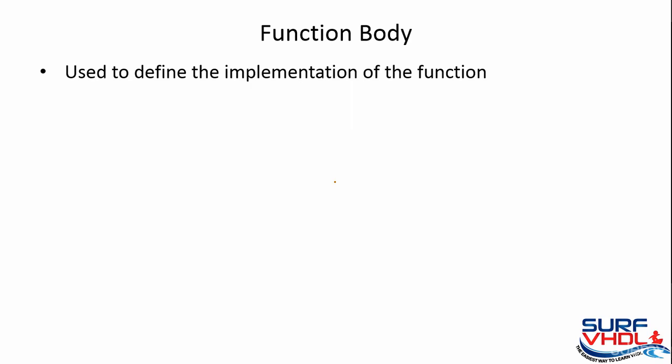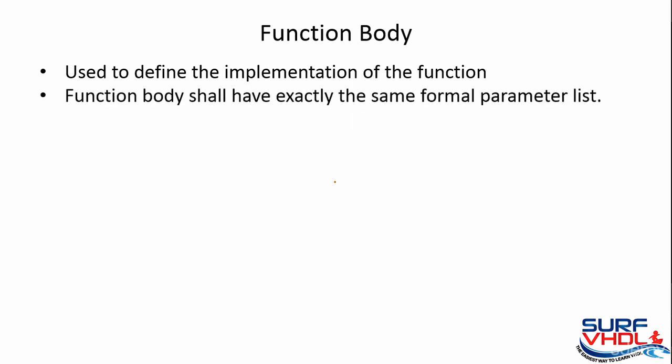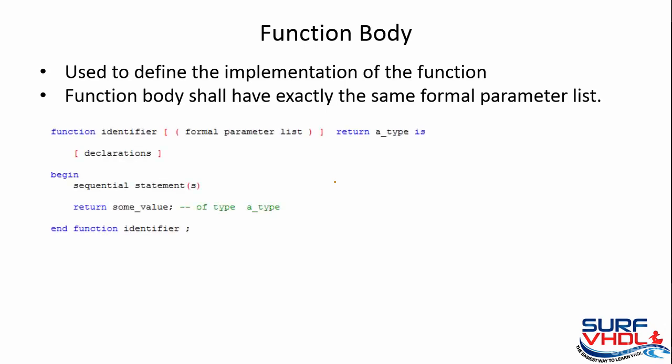As seen for the procedure, function body is used to define the implementation of the function. When a function declaration is used, then the corresponding function body shall have exactly the same formal parameters list. After the repetition of declaration, is present an optional declaration section and then the sequential statement section, delimited by begin and end function keyword, followed by the function identifier and semicolon.